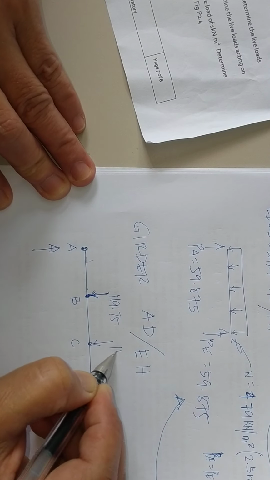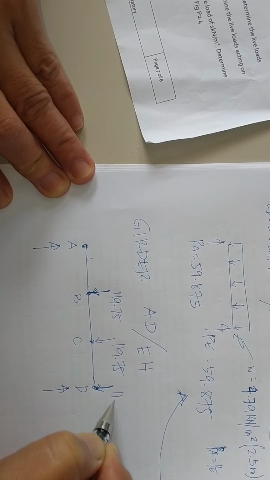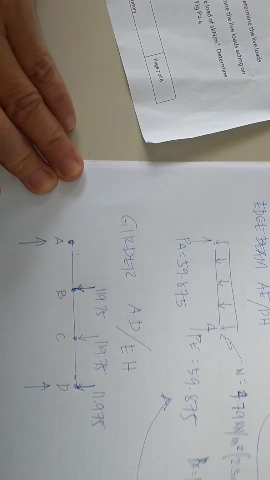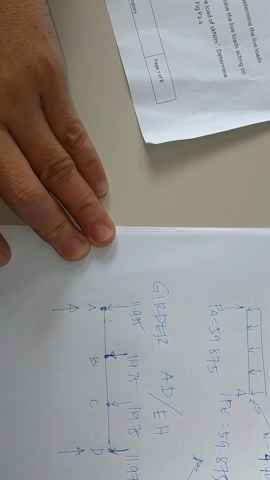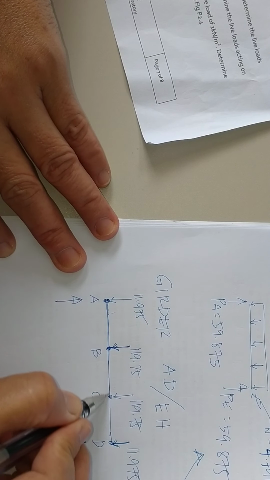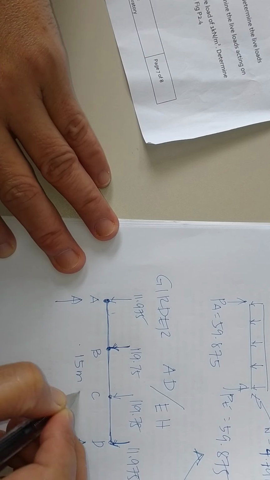This is also 119.75, and for the edge, this is 11.975. 11.975 kilonewton. Total length, this is 15 meter.